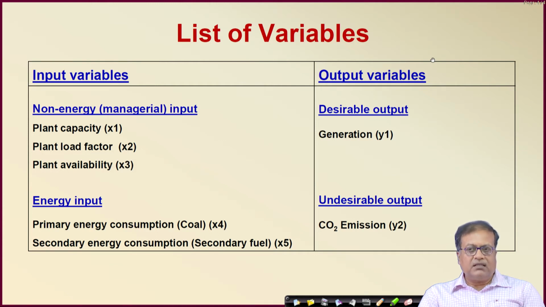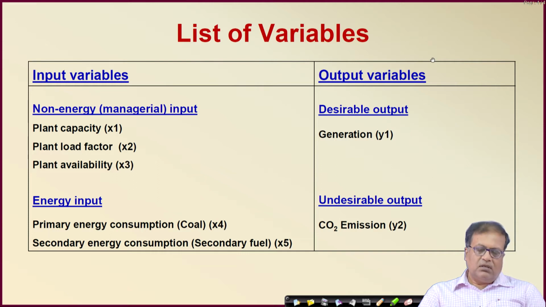What DEA does, DEA maximizes the efficiency in such a manner and finds the values of these weights, so that your efficiency becomes maximum subject to that efficiency of no other unit crosses a threshold value, say 1.